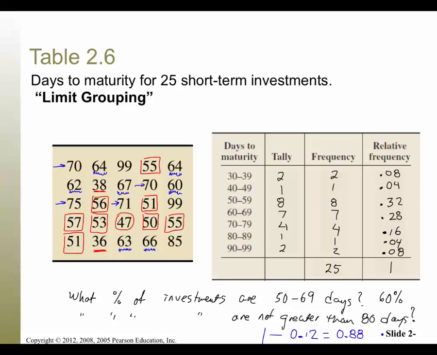They're almost the same thing, just a slightly different way of looking at it. So 28% of the investments are between 60 and 69, which is the same as saying if you pulled 1 at random, there's a 28% chance it would be one of those. Okay, questions on this?